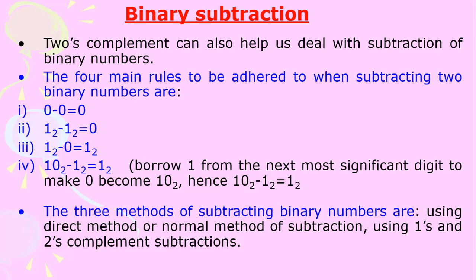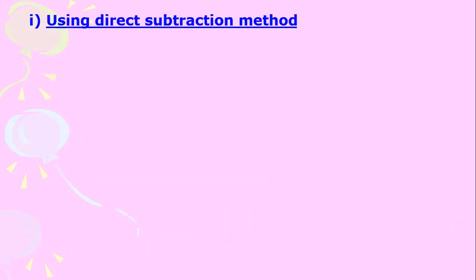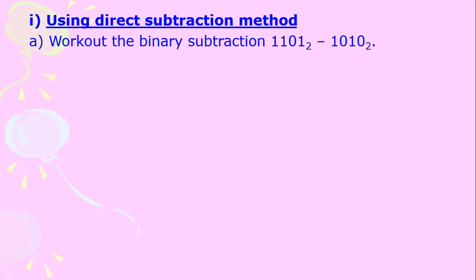So we have direct method subtraction, 1's complement subtraction, and 2's complement subtraction. Let's look at how we use direct subtraction methods. The steps are as follows. Number 1, work out the binary subtraction. Here's an example to assist you to know how we move on with direct subtraction.